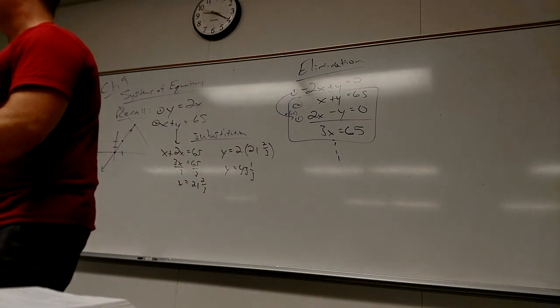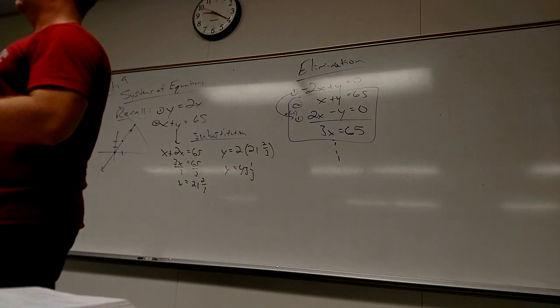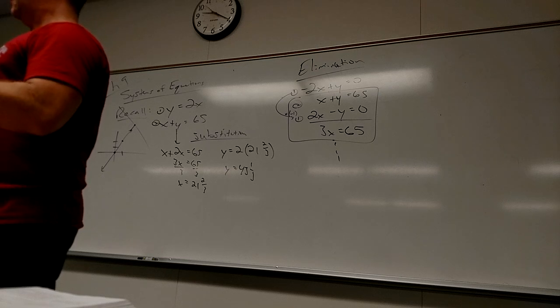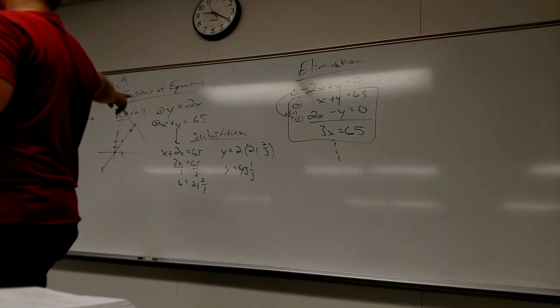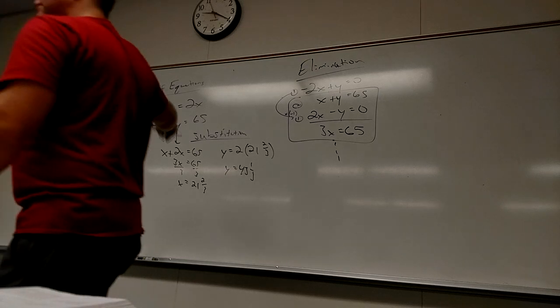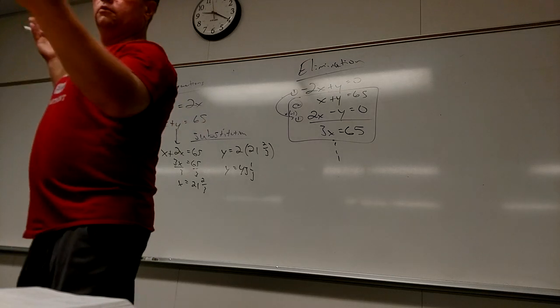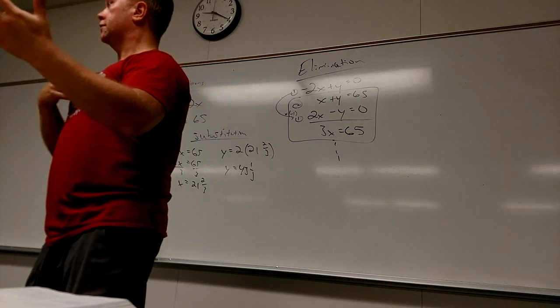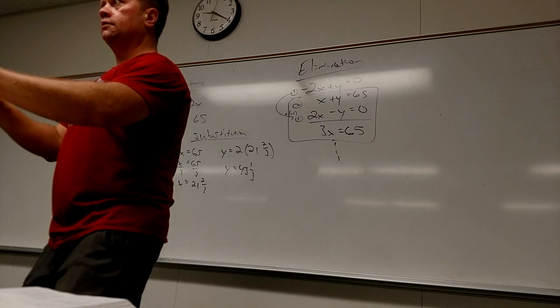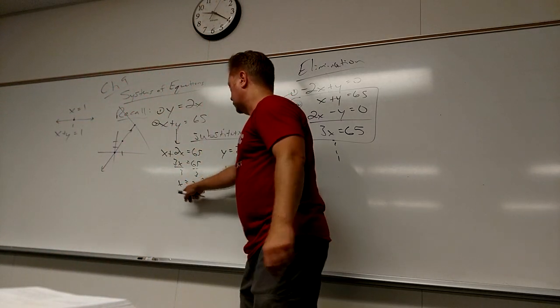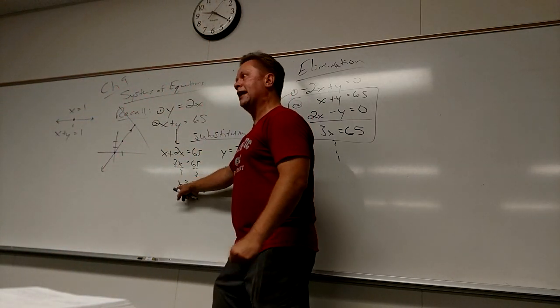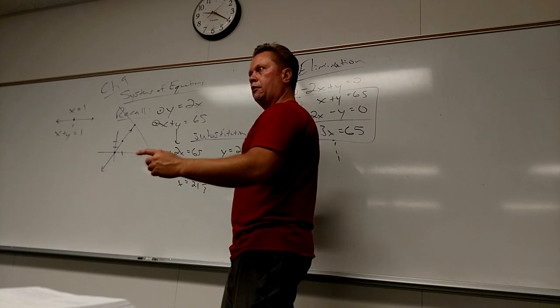So in what case would it be no solution then? We'll see what it looks like. For example, with this, when I try to solve it, I would get 0 equals 1. That tells me there's no solution. Here, I got x equal to 21 2/3, and then I can figure out what y is.